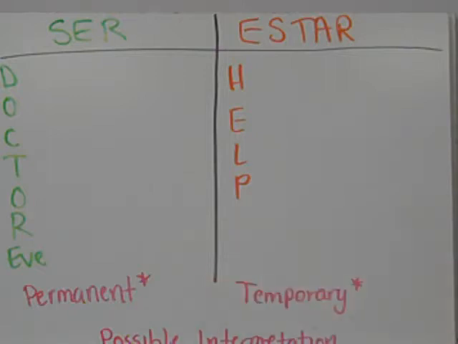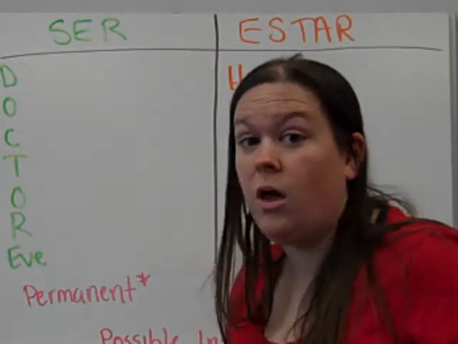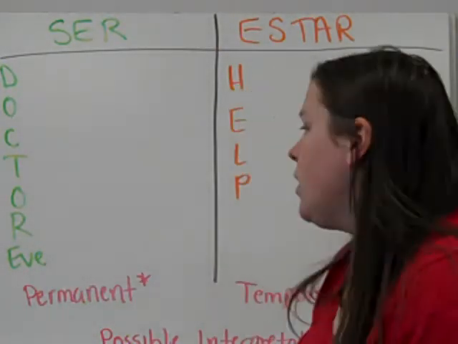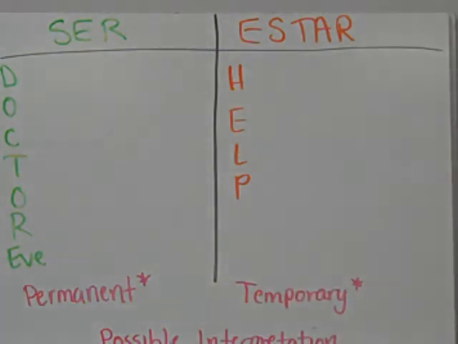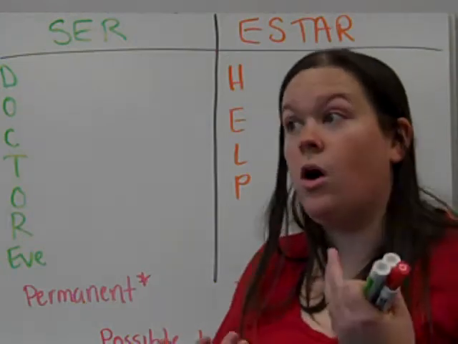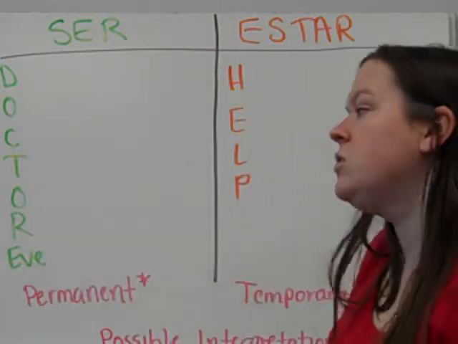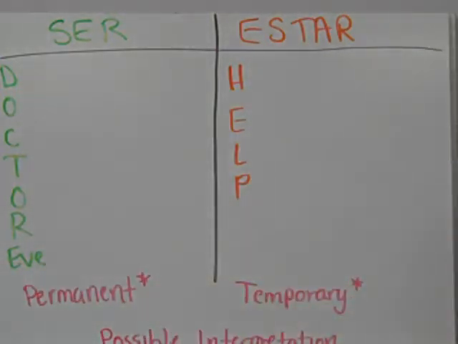But obviously you can see there are exceptions, because as far as permanent things, time changes all the time, but it's a use of ser. Another good example is estar, which is usually temporary, except for locations. Locations are always estar, unless it's where an event takes place.